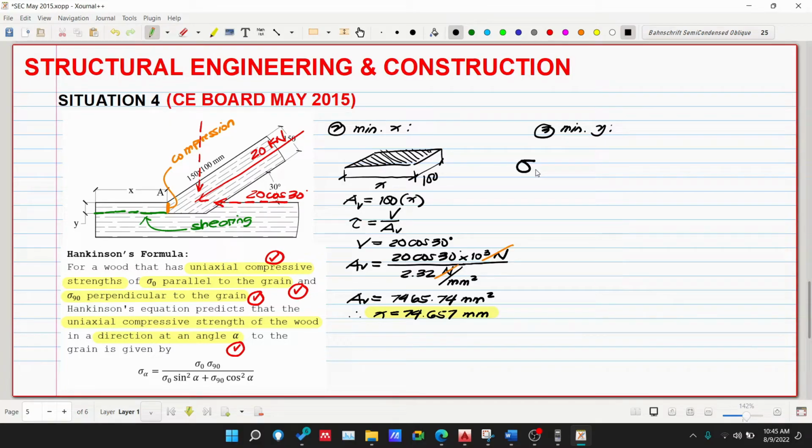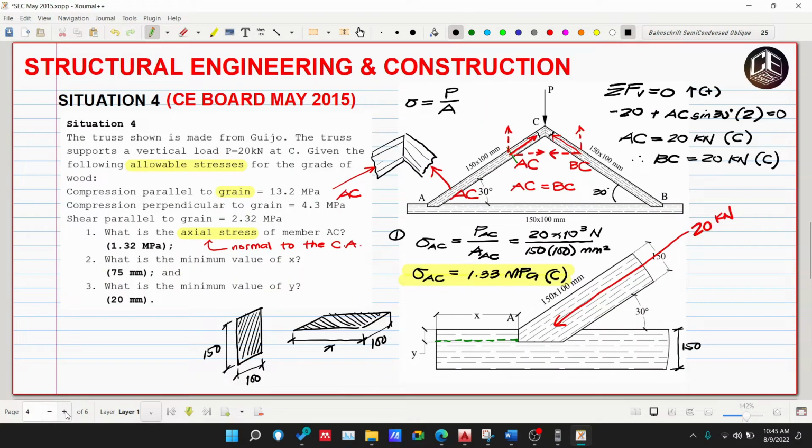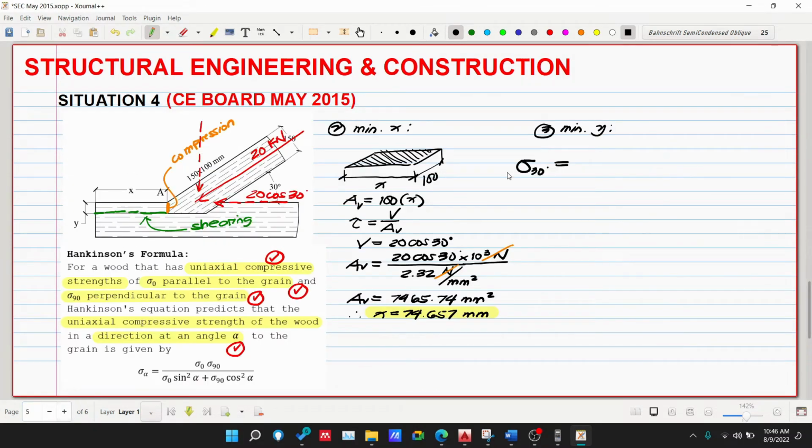So, stress for the 30 degrees is equivalent to stress na parallel. Ano ba ang parallel? 13.2. Then, perpendicular is 4.3. So, 13.2 multiplied by 4.3 megapascal over, okay, ito, yung ating parallel, that is 13.2, then sine squared of 30 degrees, then plus perpendicular na 4.3 multiplied by cosine squared of 30 degrees.